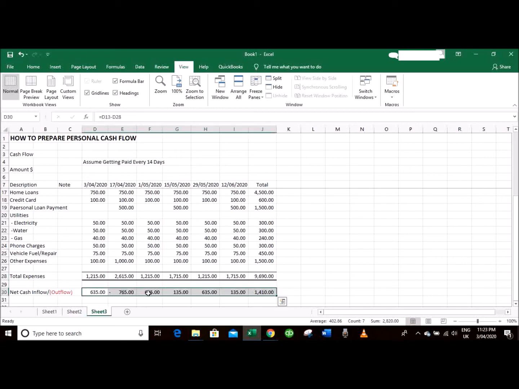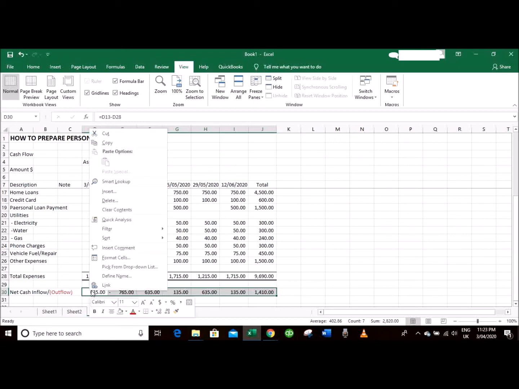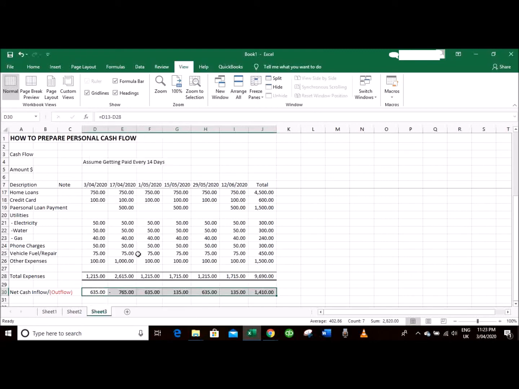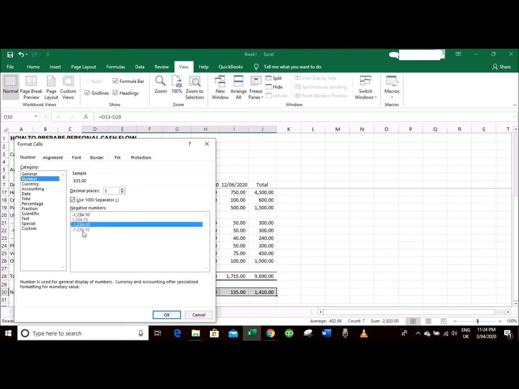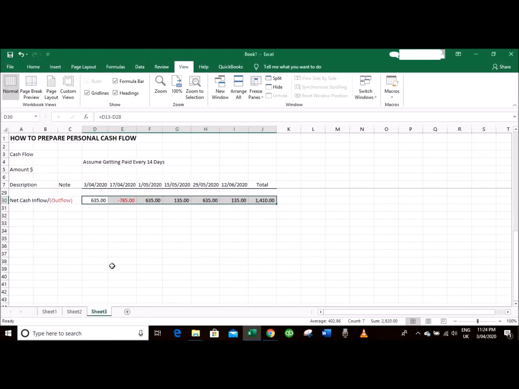So to get the minus figures, select the cells, go to format cells, go to numbers, and you can select the red color. If it is minus, the red color.